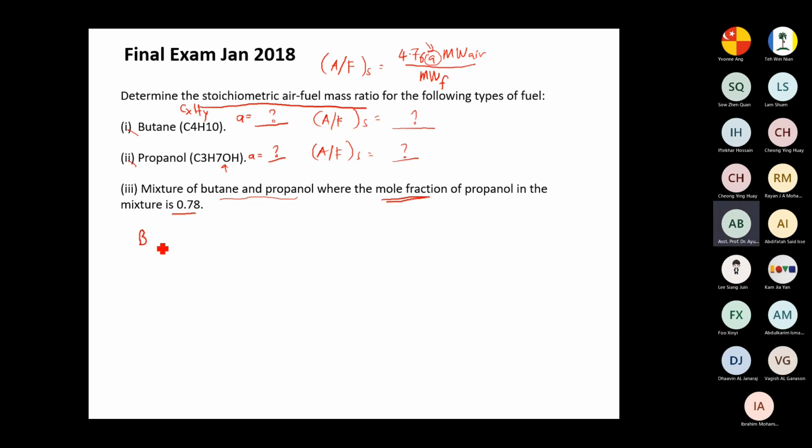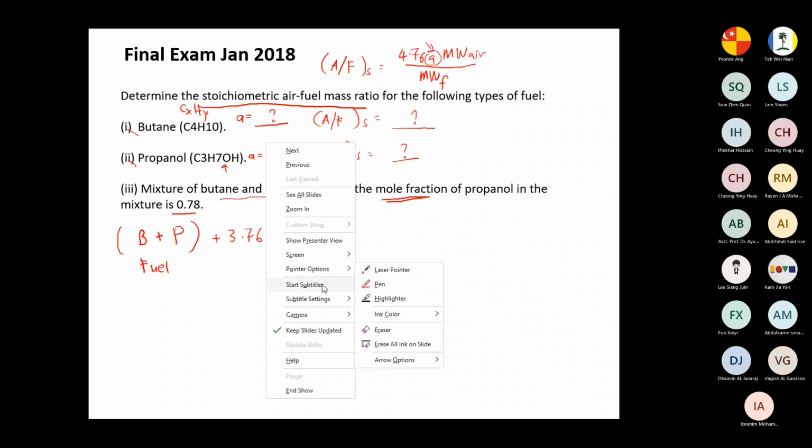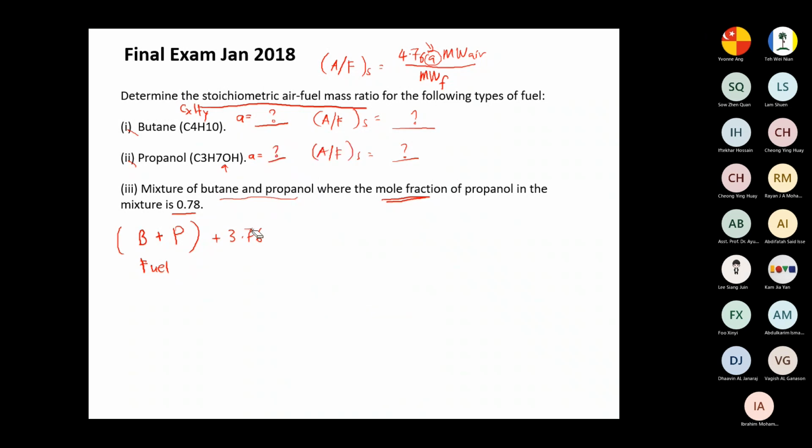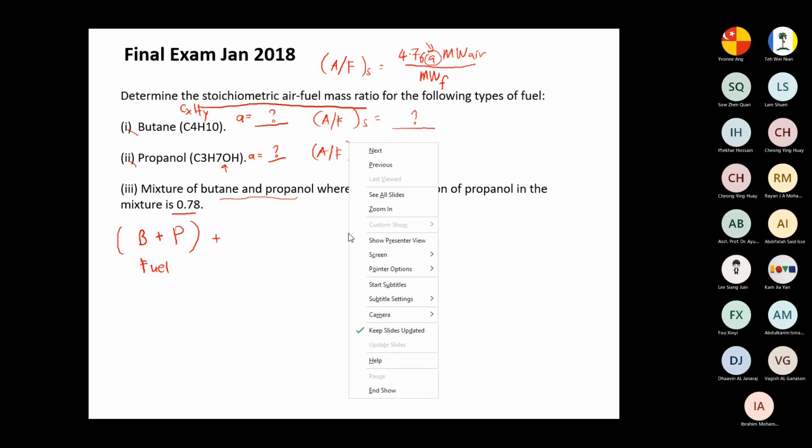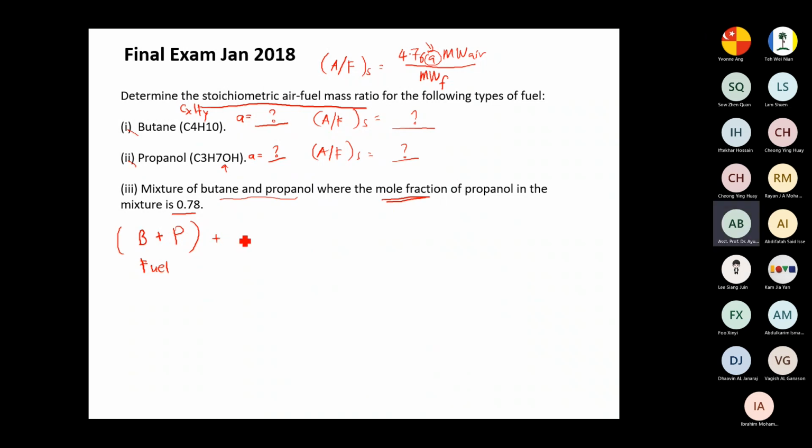So butane, I will just put as B. Butane and propanol as the fuel, as a whole. Fuel plus A O2 plus 3.76 N2.